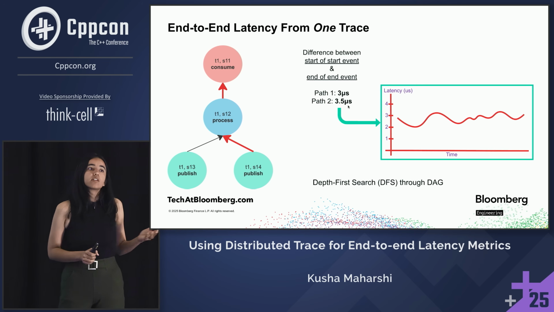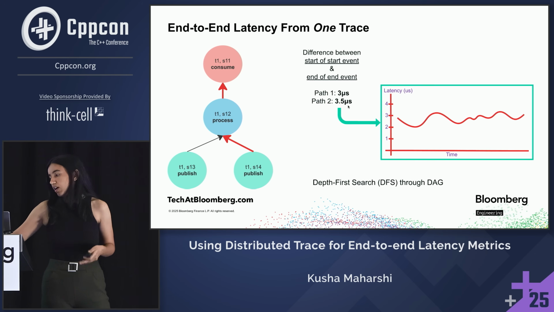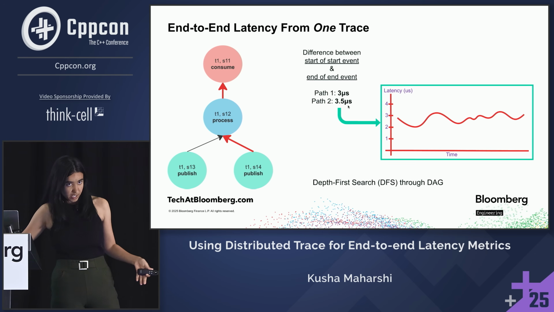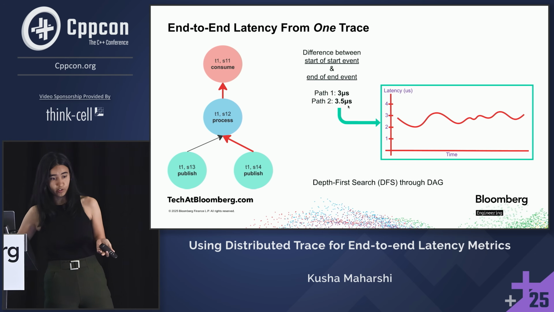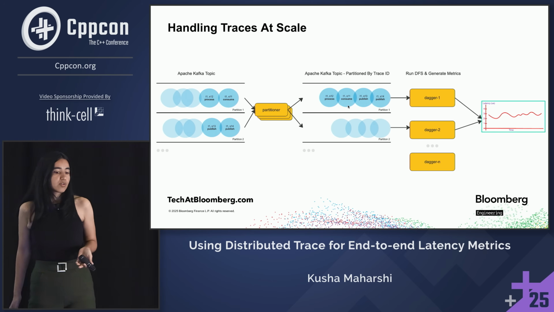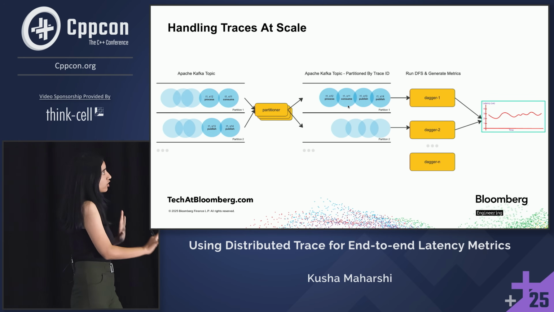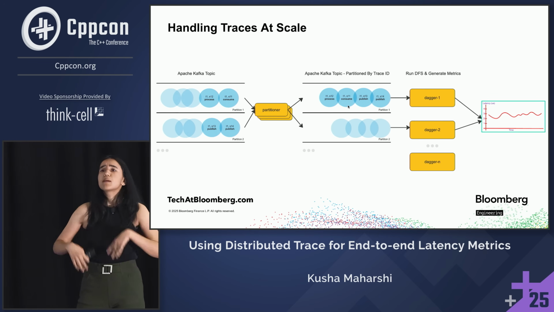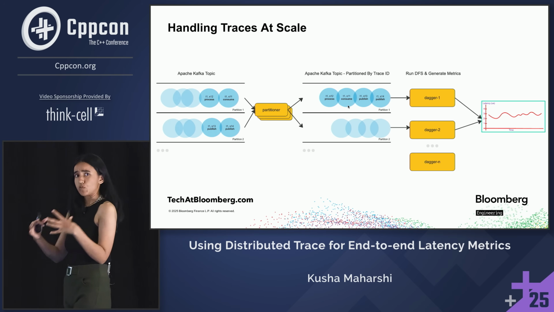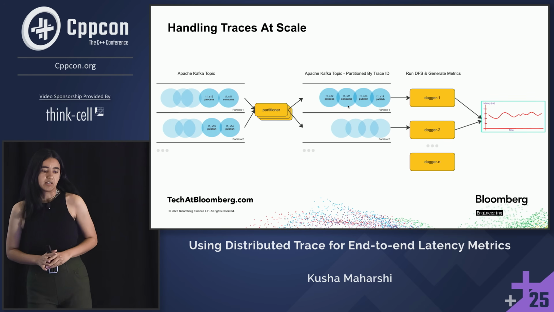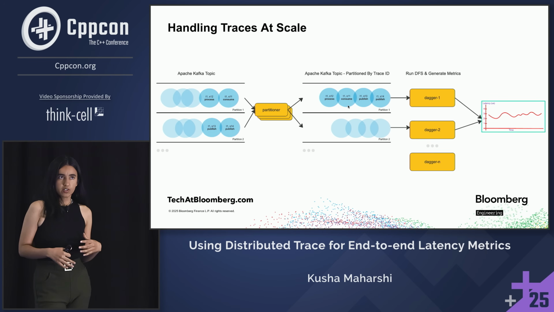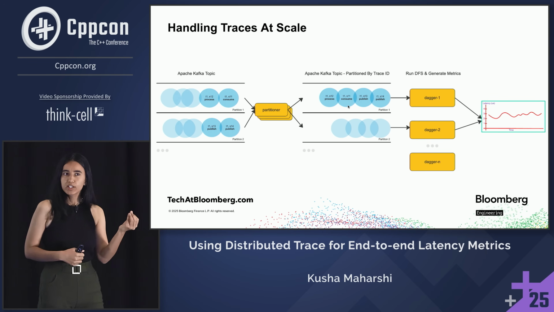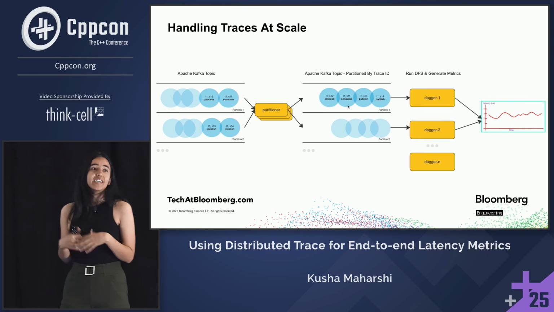Now, what happens when we extrapolate this to 50 billion spans a day? How do we handle it at scale? This right here is an architecture diagram of a hypothetical solution for handling this problem at scale. As the telemetry provider, our ingestion point for this data is often Kafka.